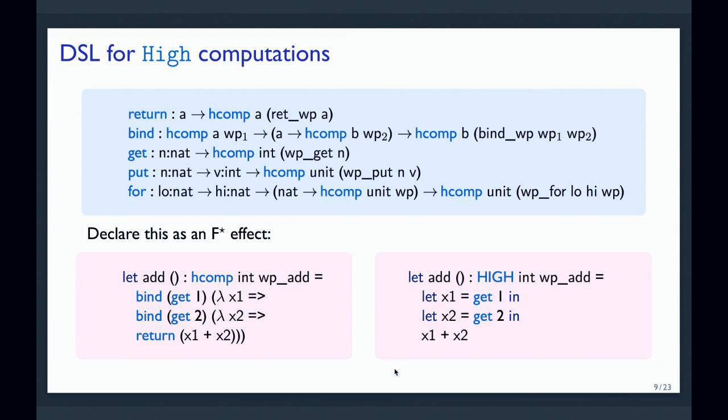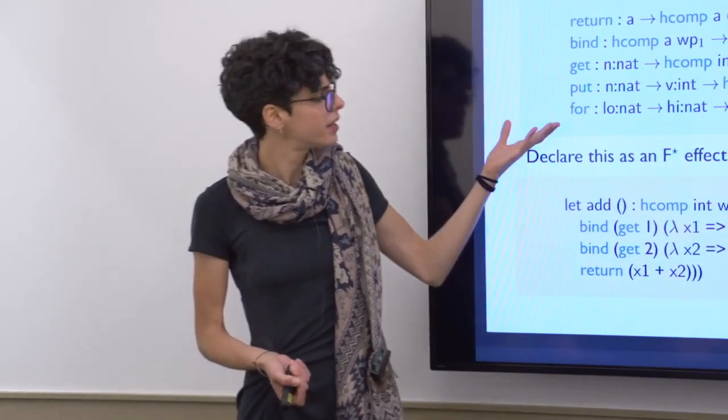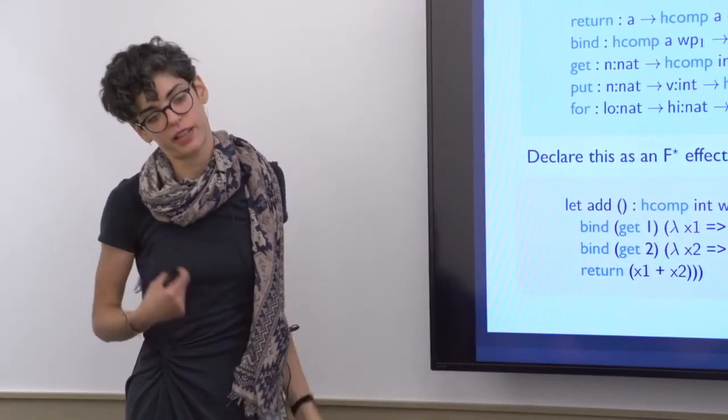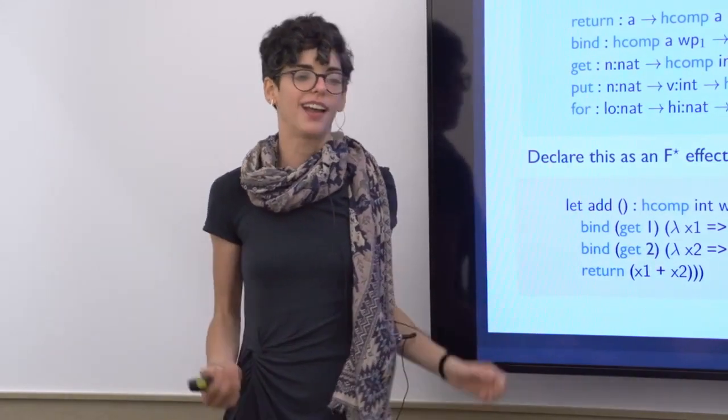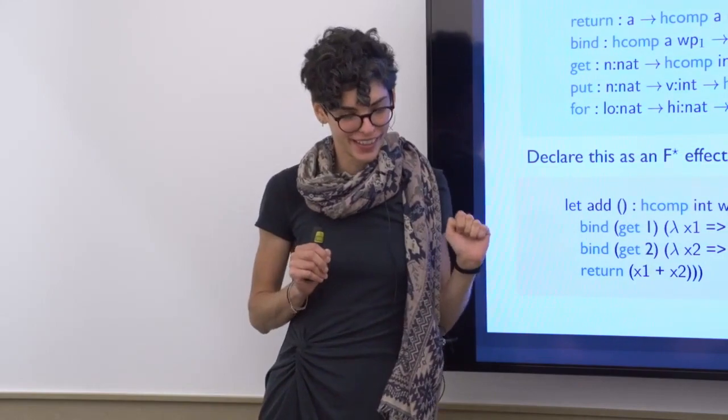And we provide a DSL for high computations, which is a monadic DSL. It has return, bind, get, and put, the actions. And in addition, a recursor, a combinator that allows us to write for loops in a very imperative-looking style, but not imperative.